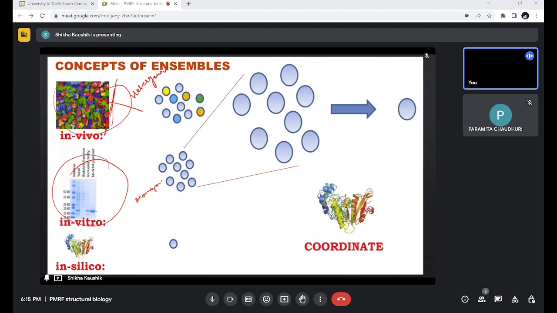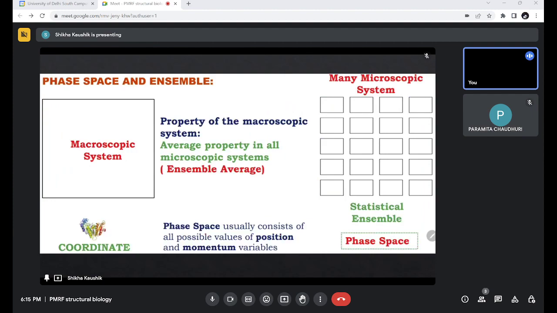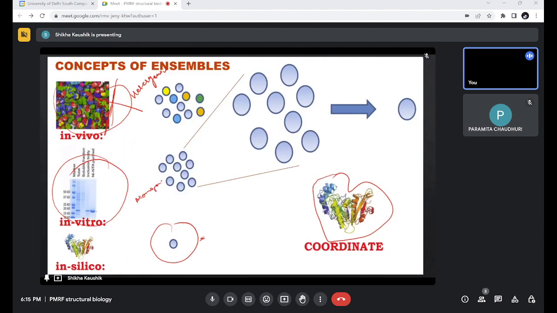But in an in silico environment, we have only a single molecule, and we try to understand the coordinates of this molecule. Once we have the coordinates, we know how this atom behaves, and then we make ensembles and try to put it like a microscopic system. The property of a microscopic system is basically the average property over all the microstates. When we are talking about a single molecule, it is basically single.